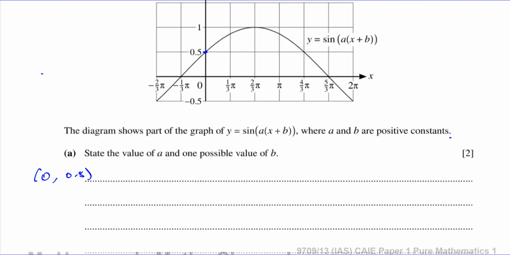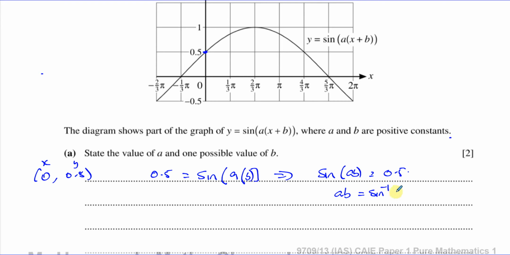If I take this point, I can say, okay, that's x equals 0, y equals 0.5. So I can say 0.5 is equal to the sine of a times, and x is 0, so it's a times b. Okay, so we end up with the sine of ab equals 0.5. So if I find the inverse sine of 0.5, the first solution we're going to get in this region is going to be pi over 2 in radians.